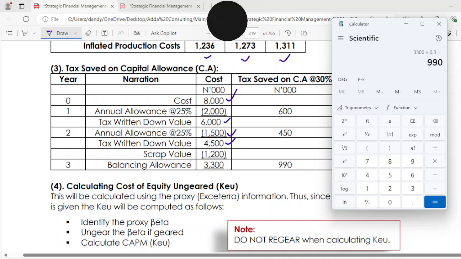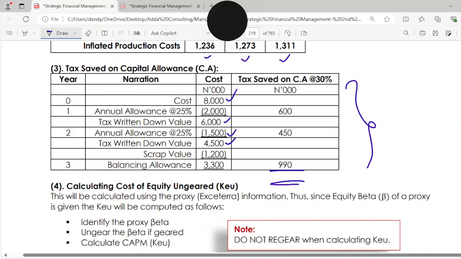When you add up, if you want to confirm that what you have done is correct, because you cannot claim more than the capital allowance you are supposed to claim, you can add up all the tax saved on capital allowance together to confirm.